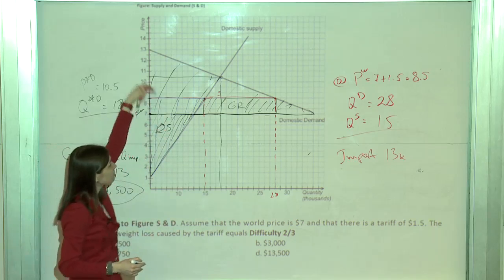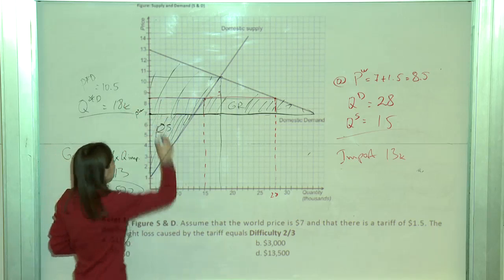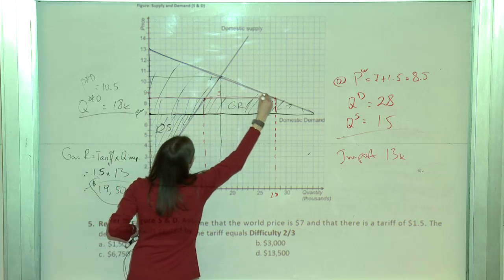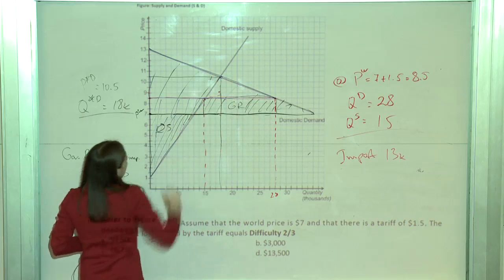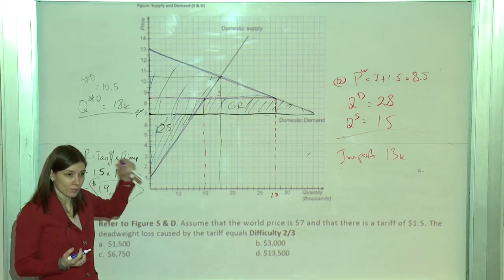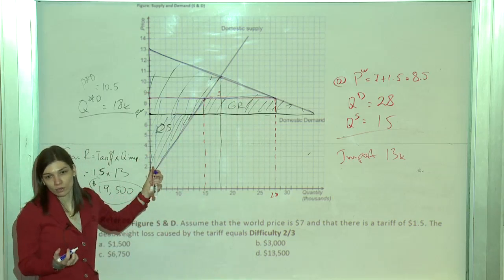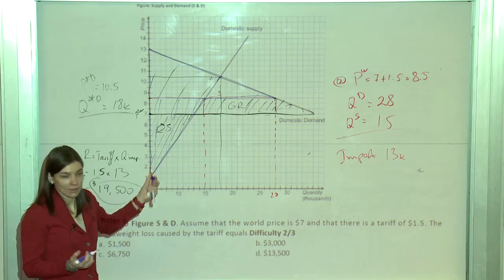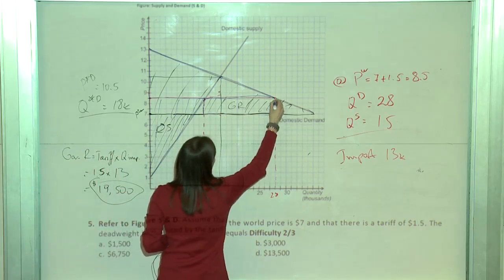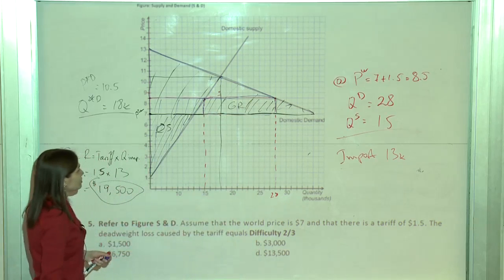Consumer surplus is above the price, below the demand curve, so consumer surplus would be this triangle. However, the part that goes to the government is also part of total surplus, right? So this rectangle here is also going to be part of total surplus.